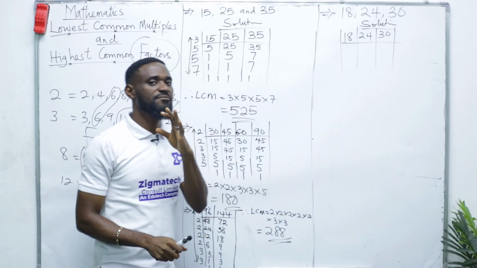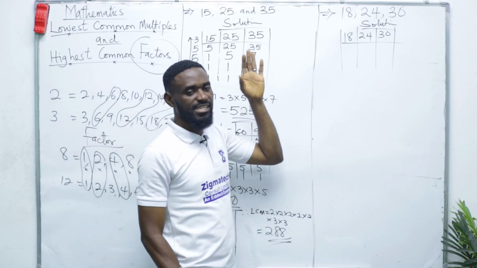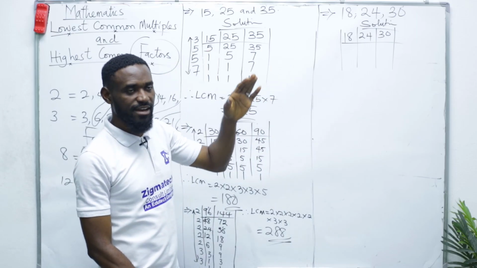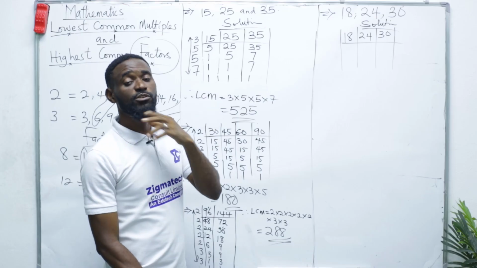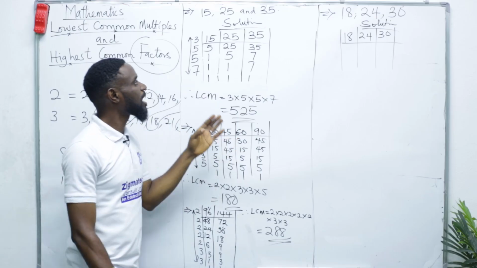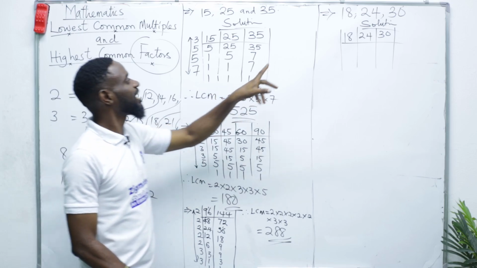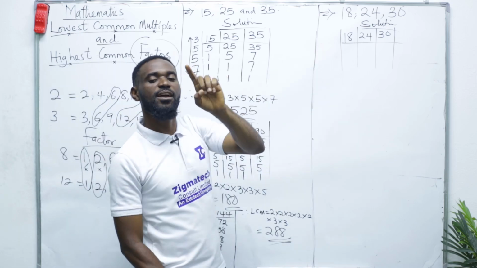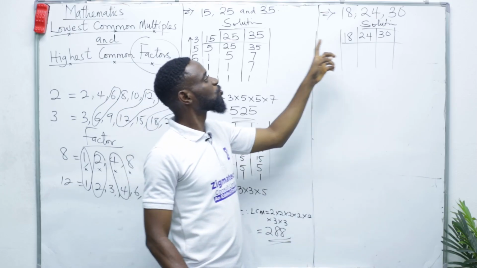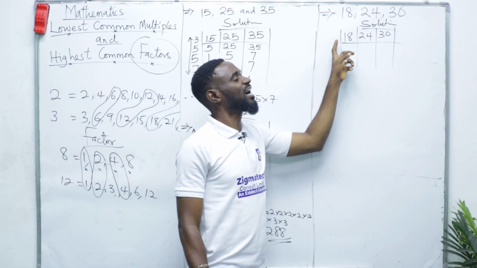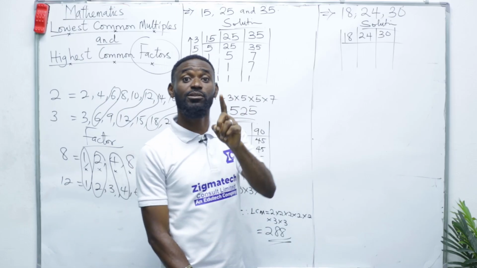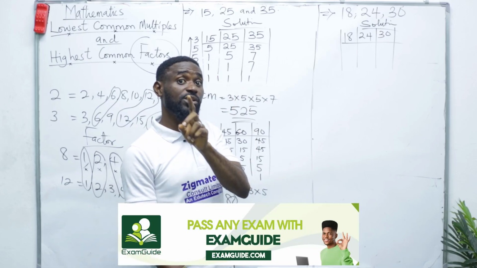There is a difference between HCF, looking for a HCF, and looking for LCM. You know, in LCM, we are talking about how to bring down this multiple to its lowest. But for HCF, we are looking for a factor that will divide all of them at the same time because they are common factors. Do you understand me now?